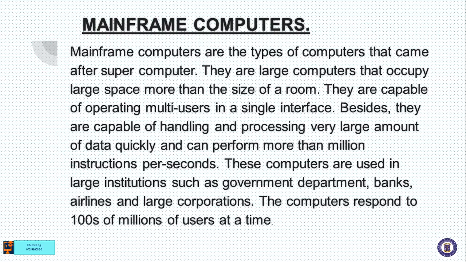No, they are using it to do different tasks at the same time. Unlike the microcomputer, which is a single user computer. It can only be used by one person per time. And the mainframe computer can be used by hundreds of millions of users at the same time doing different things. Is that understood?